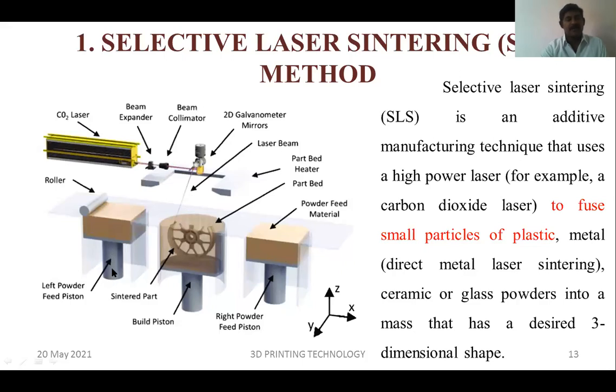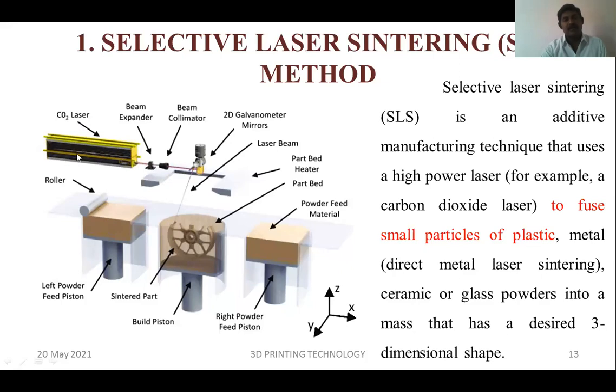So the first piston will move upward from the downward position. Then the roller will move the powder from the first piston on to the second piston.